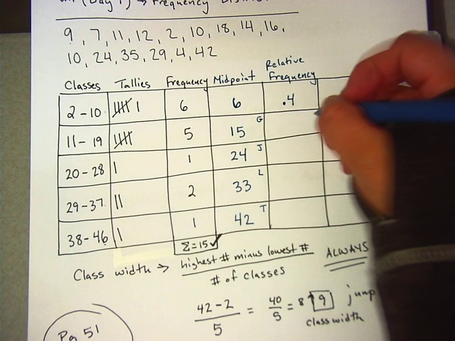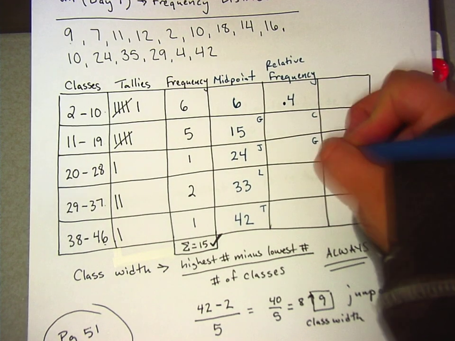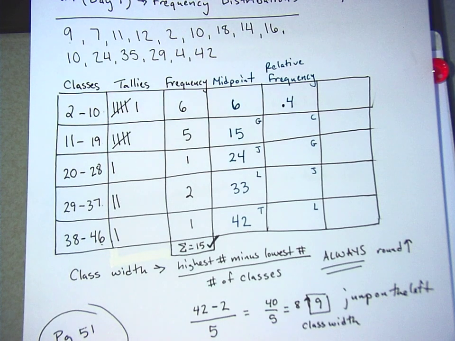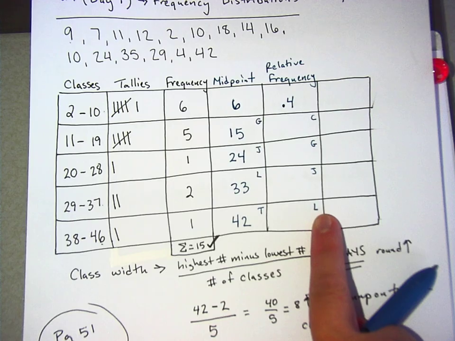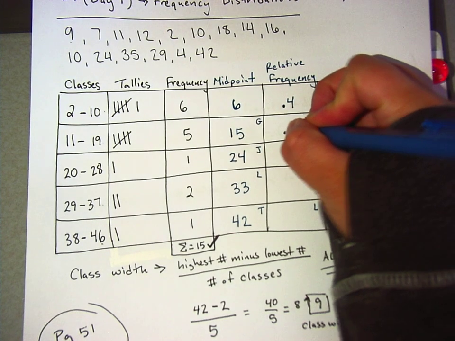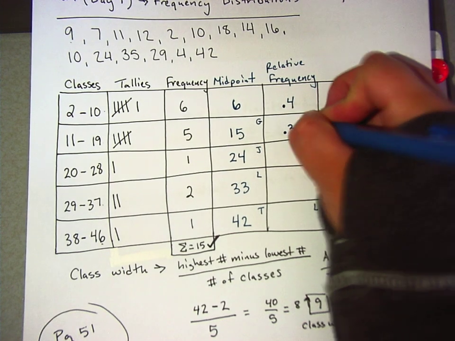Okay, Callie, you're going to do this one. Grace, this one's yours. Julie, this one's yours. And Louv, that one's yours. Which one is mine? Bottom one. The one with the L. Callie, what'd you get for yours? 0.333, so 0.33.